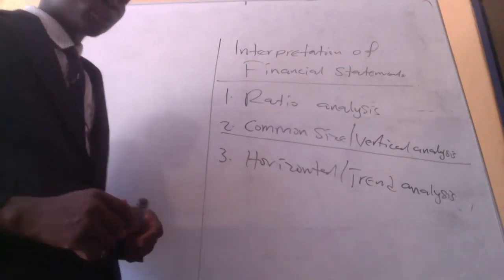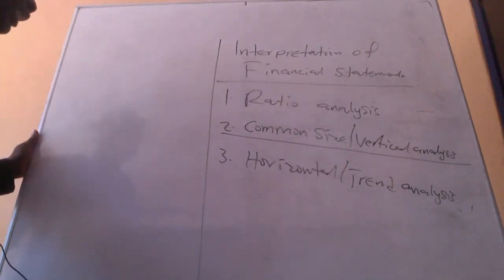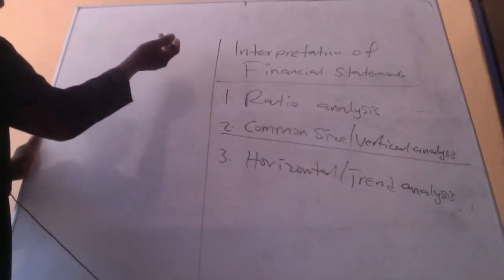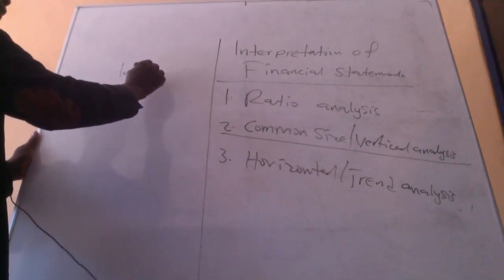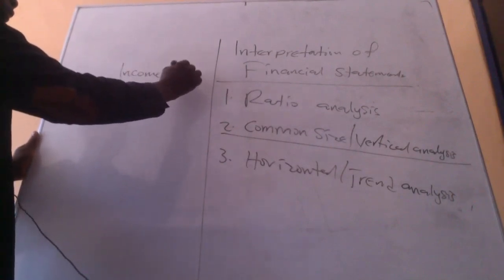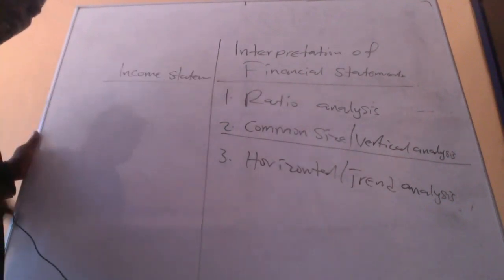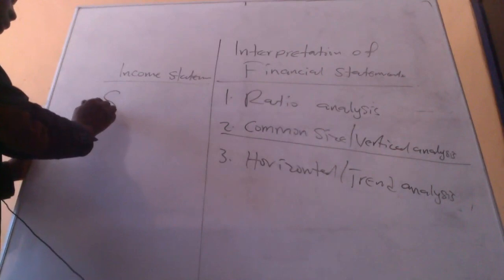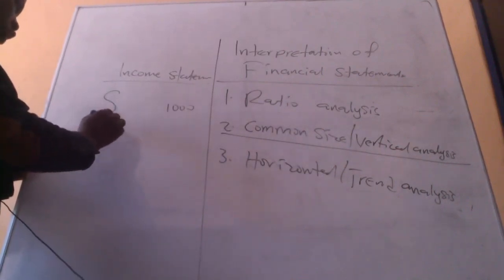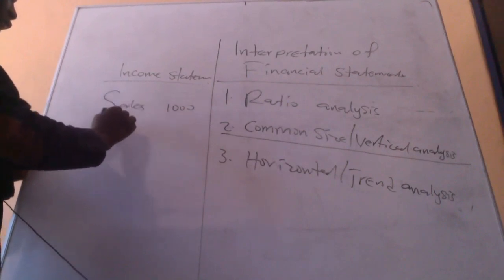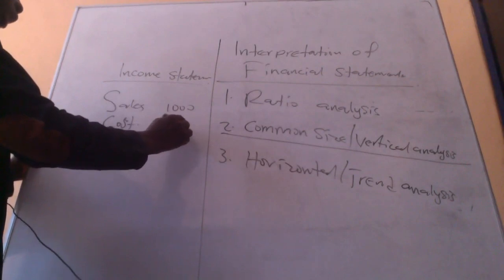So be with me. For instance, if you have a financial statement, let's give it a try, the income statement. You can have your sales revenue, probably 1,000 cedis. You can have your cost of sales, probably 200.